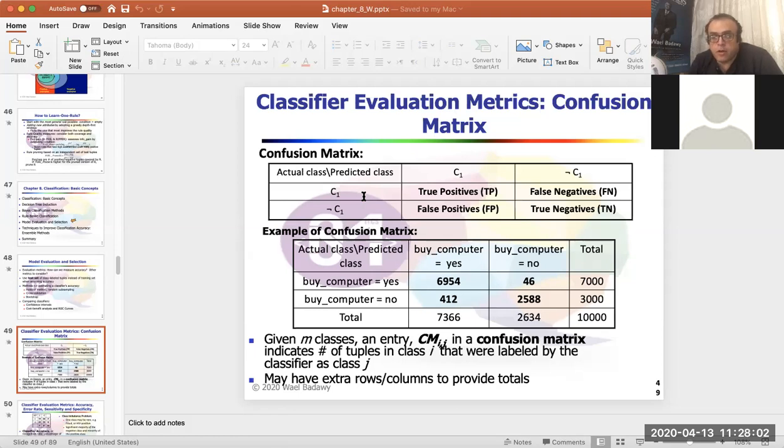A good example is a phone call. If the phone rings, what is the likelihood that somebody is calling you? Say C1 is the phone ringing and somebody calling you. In the column, C1 is somebody calling me, and not C1 is no one calling me. The predicted class C1 means I get a ring, and not C1 means no ring.